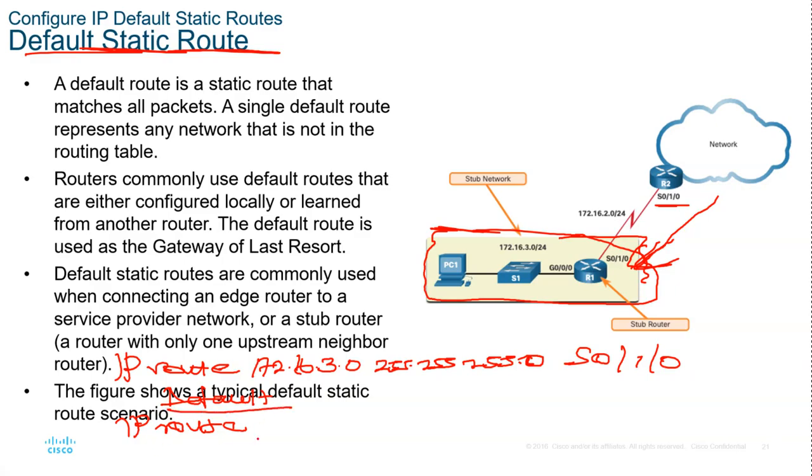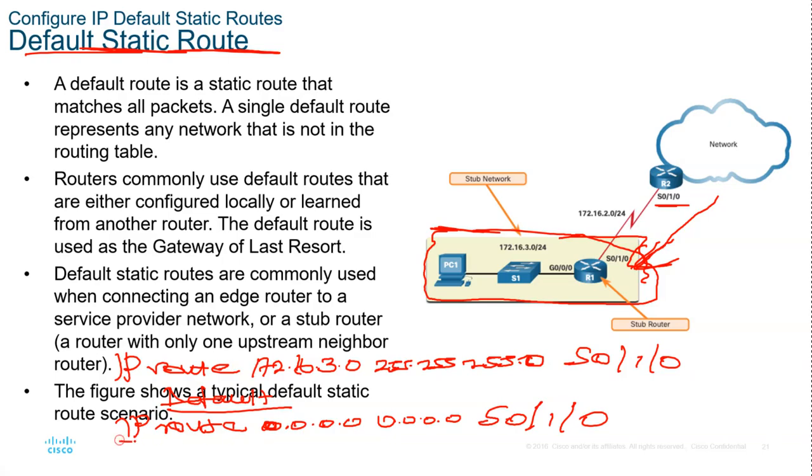So it's ip route. Instead of specifying the network, I will just say 0.0.0.0, because I'm not specifying any network. The subnet mask is still 0.0.0.0, and then the exit interface, which is this one here, Serial 0/1/0.